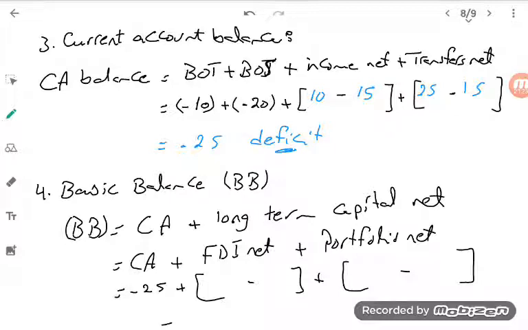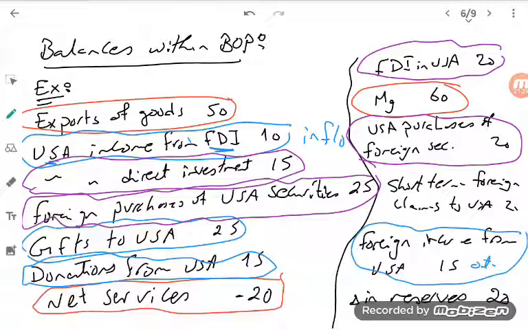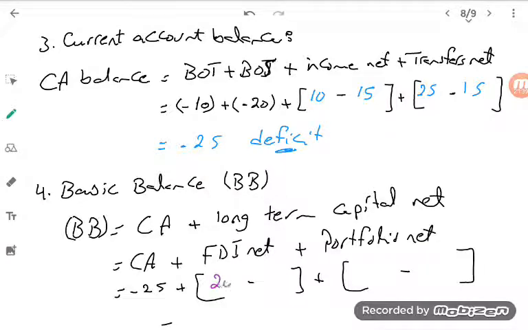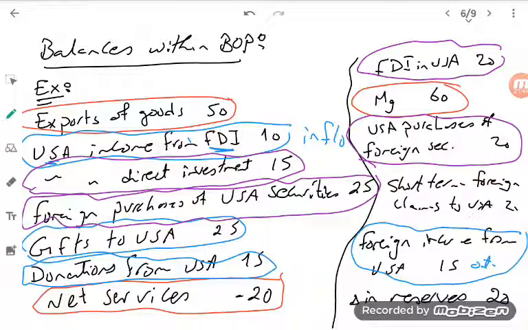We can write it as $20 minus 15, and $25 minus 20.